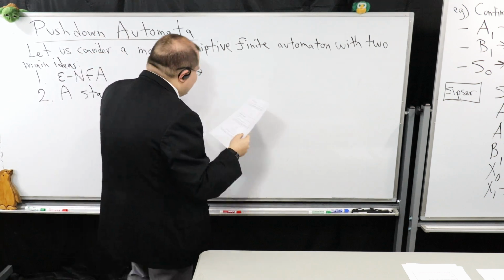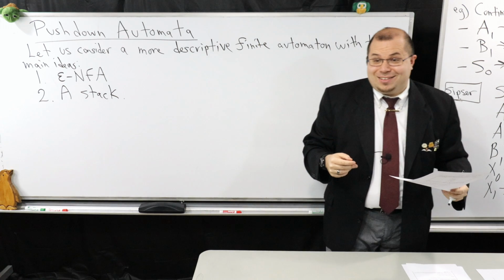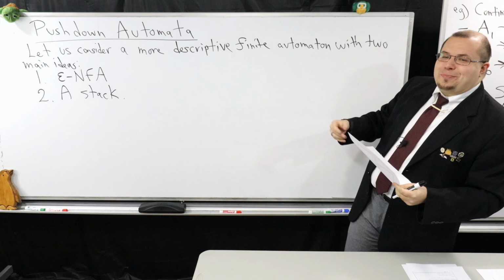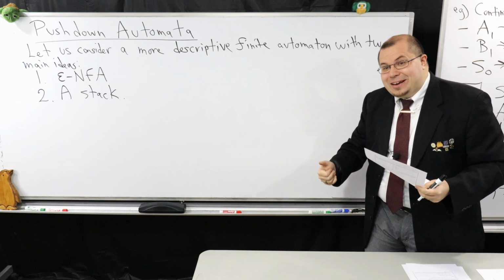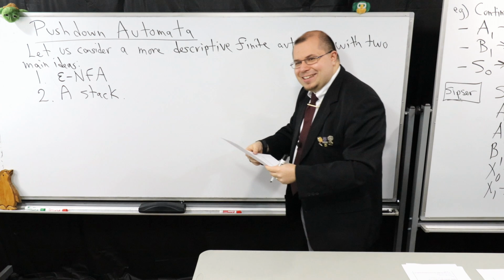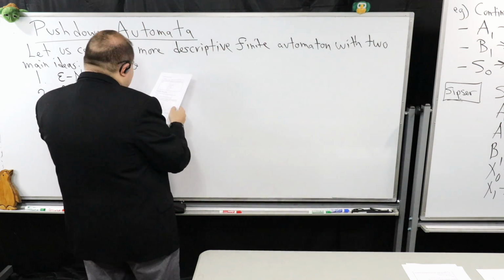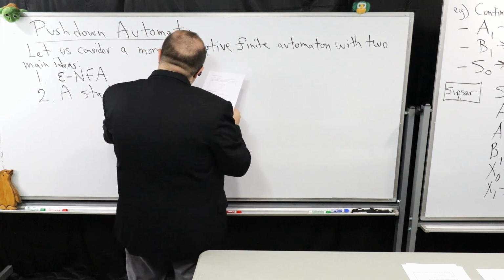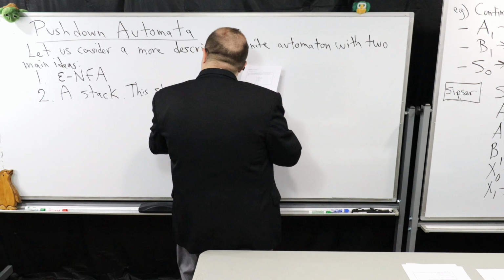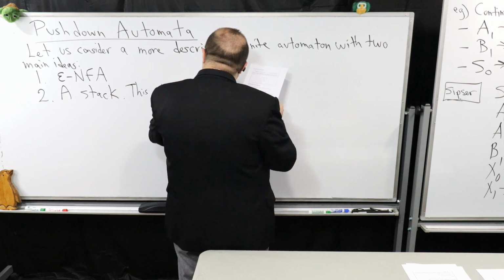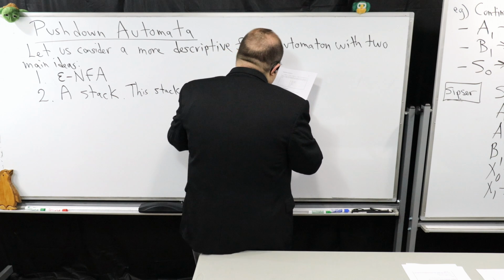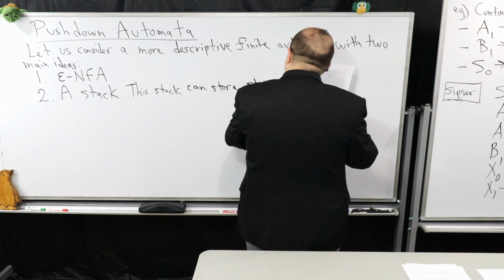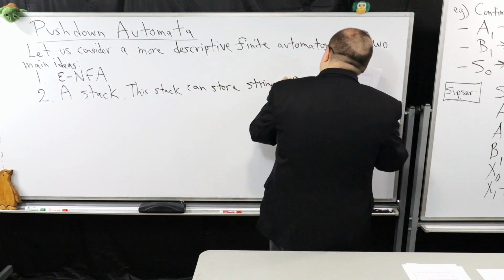So now I'm going to give this finite automaton a stack to play around with. So that's the bump up I'm going to give it, is a stack it can work with. I'm going to tell you that this stack can store strings of stack symbols.